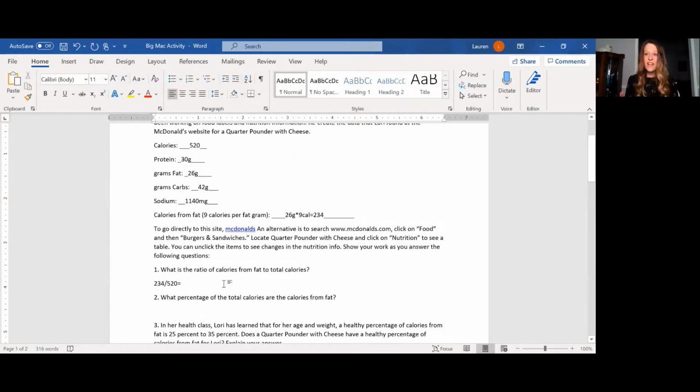You can imagine that if you have fat contributing substantially to your calorie count, then that's going to be a less nutritional meal than perhaps one where you have protein or maybe even carbohydrates, depending upon what your diet is, contributing to the calories. So we have 234, and I'm just going to go ahead and divide this out.